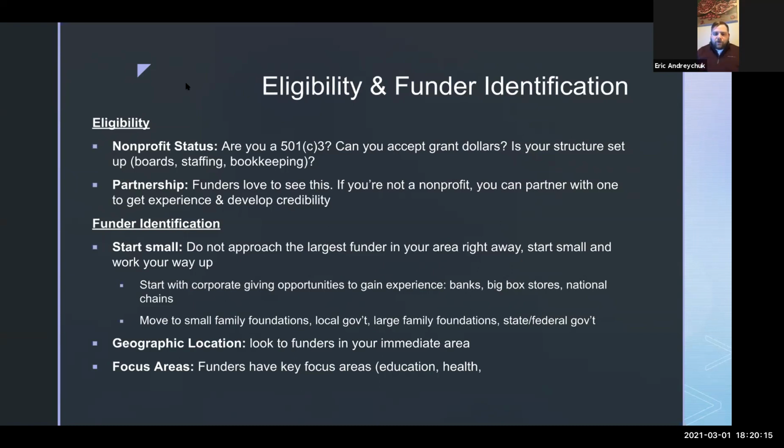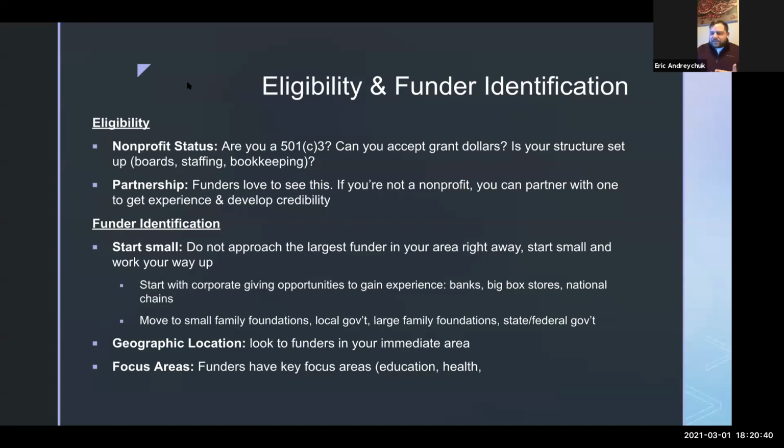Look at your corporate giving opportunities in the community. These are really great ways to practice grant writing too, because it helps you understand what paperwork you need to collect and how you should answer questions. These are just really great practice grants to get your teeth into. So look to some corporate opportunities in your community.